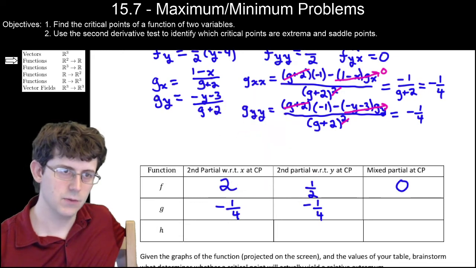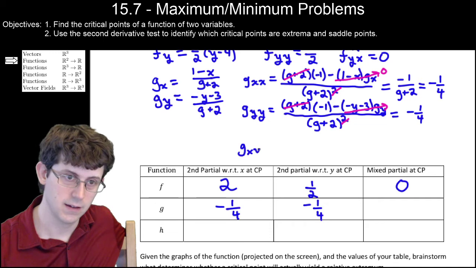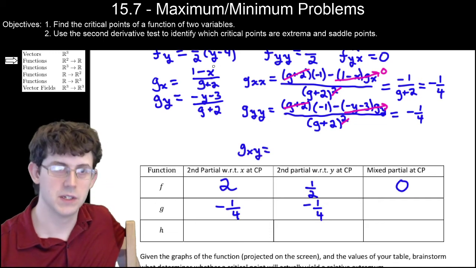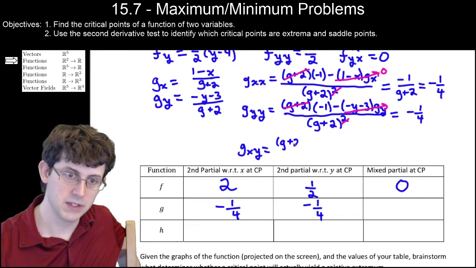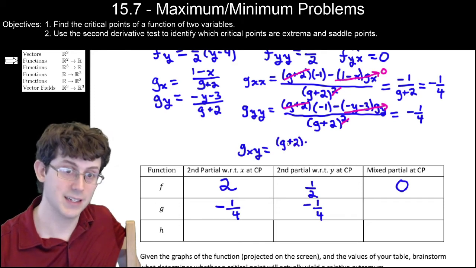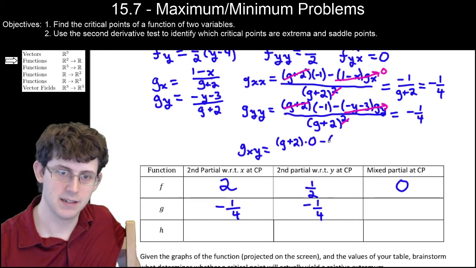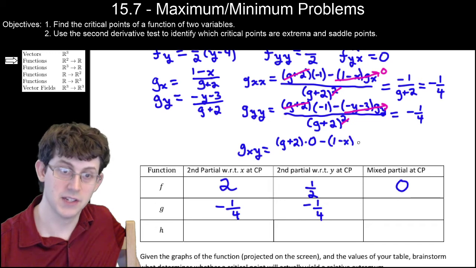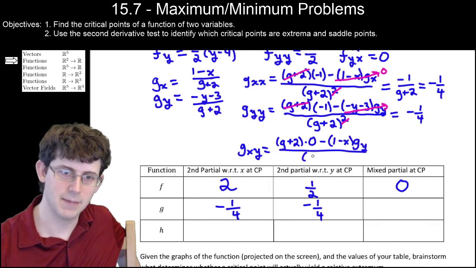A little trickier will be to find gxy or gyx. I'll just find gxy, which is the y partial derivative of gx. So I'll have the denominator times the derivative of the numerator, but the numerator has no y's, so the derivative of the numerator is 0, minus the numerator times the derivative of the denominator, that's gy, all divided by the denominator squared.